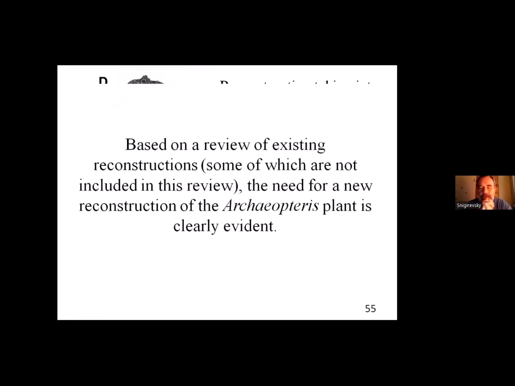So, based on a review of existing reconstructions, a new reconstruction is necessary for recent nature and recent science, and we need to suggest another reconstruction.